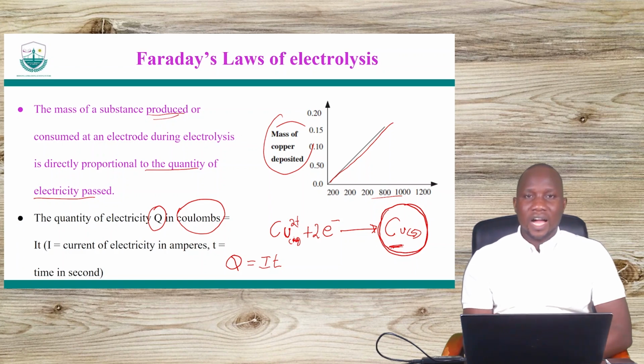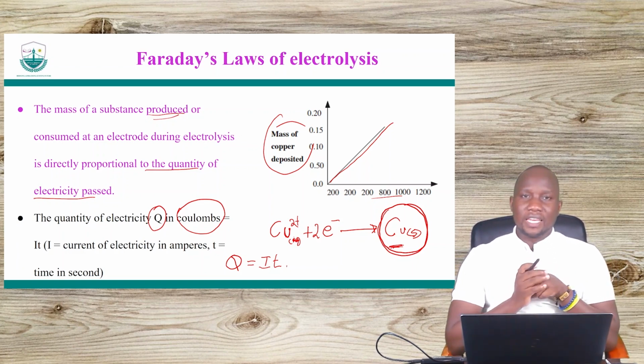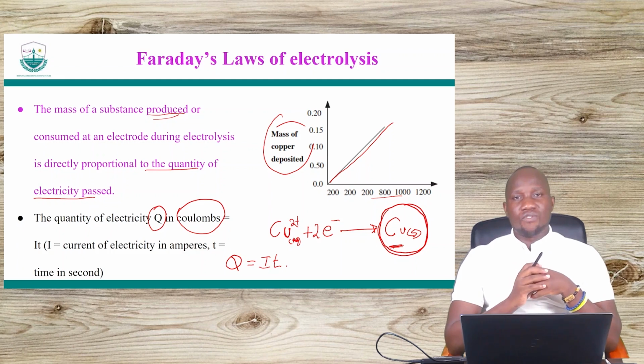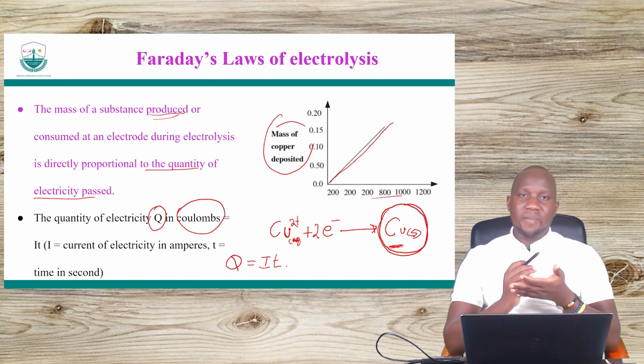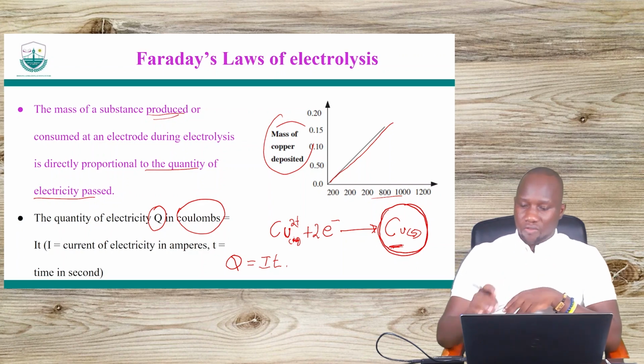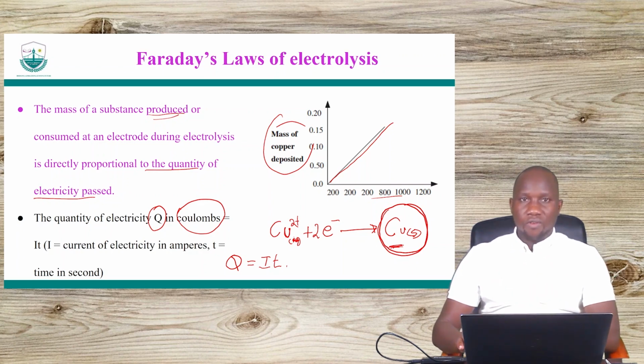The I is the electric current, which is in amperes, and the t is the time, which is in seconds. So for any calculations that we shall face, we will need to have the time in seconds, the current in amperes, and the quantity of electricity in coulombs. Are we together? I guess that is so far okay. We're moving on well there.